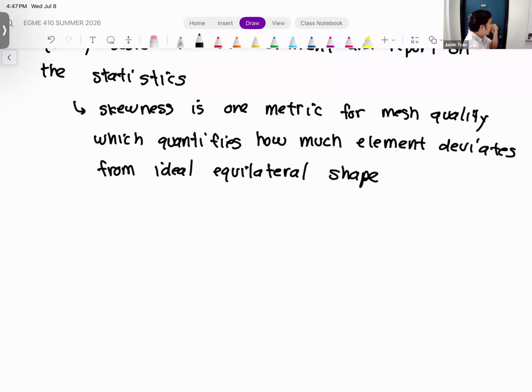Skewness is a metric that can vary from 0 to 1. A skewness of 0 is good. That means the element does not skew, and so it has a very nice equilateral shape.